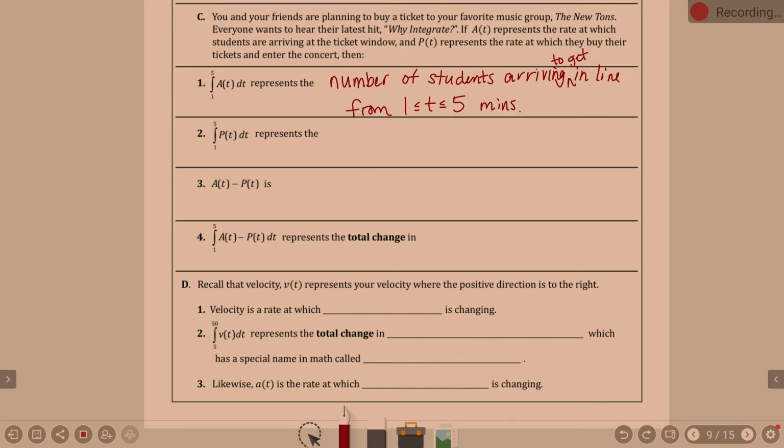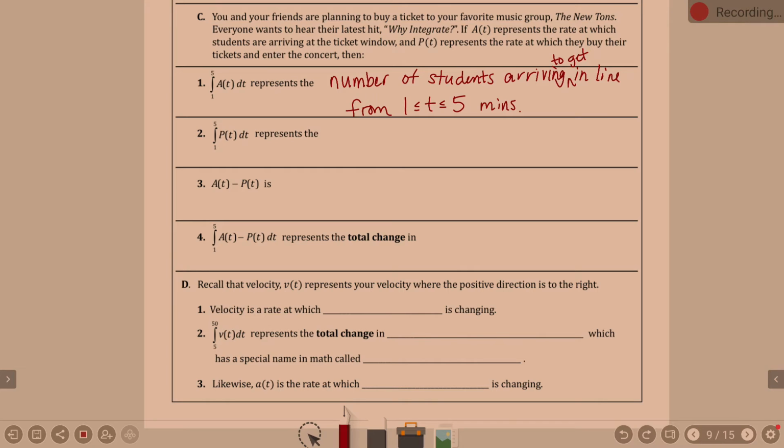This is going to be more total change. So this represents the total number of students arriving to get in line from 1 to 5 minutes, not the rate of the students. I know there's a very fine line there. One way to think about it is they're giving us a derivative and then we take the antiderivative and that gives us what it is. You can think of it that way too, yeah.